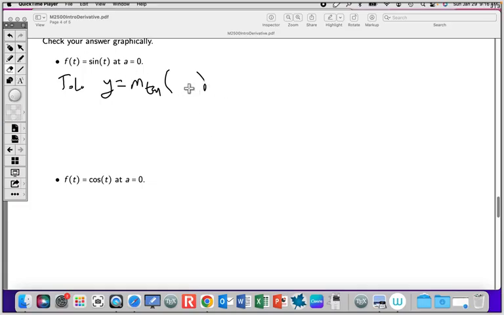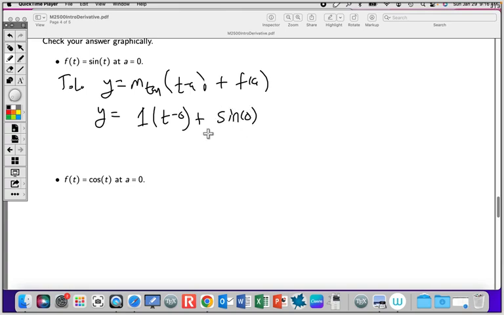Excuse me, in this case it's a t minus a plus f of a. So it'd be y equals, slope of the tangent line was 1, a was 0, and the function was sine. And once again, the sine of 0 is 0. And so I'm getting from my tangent line, y equals t.